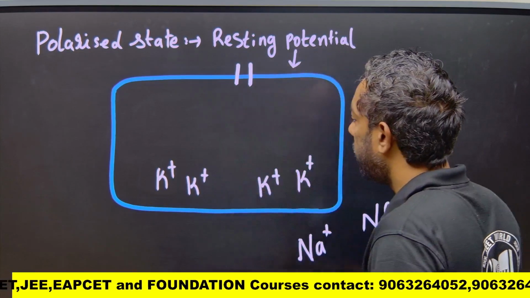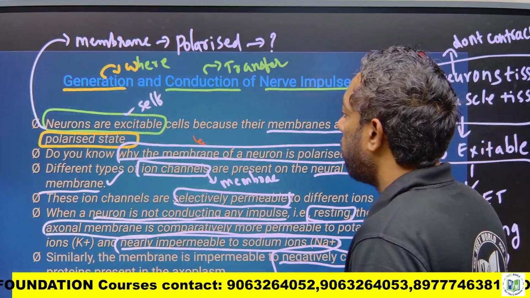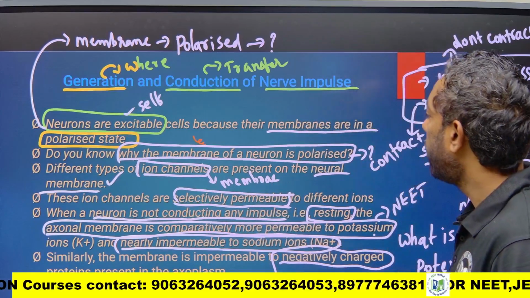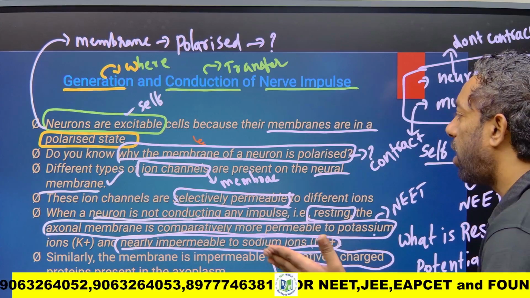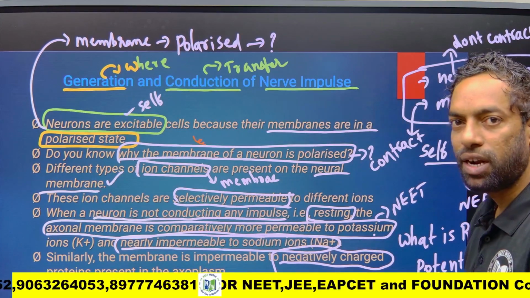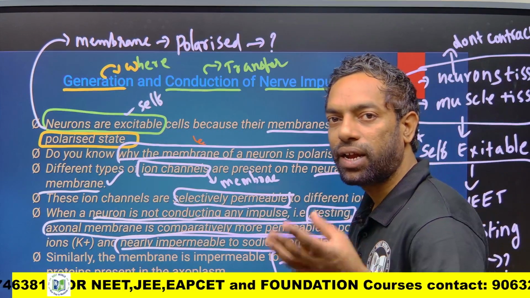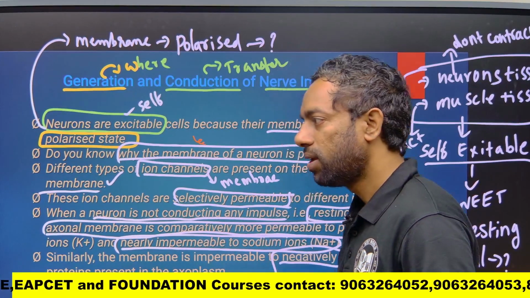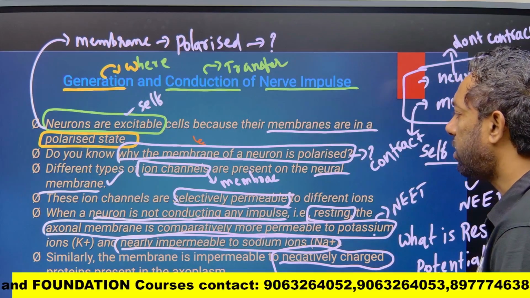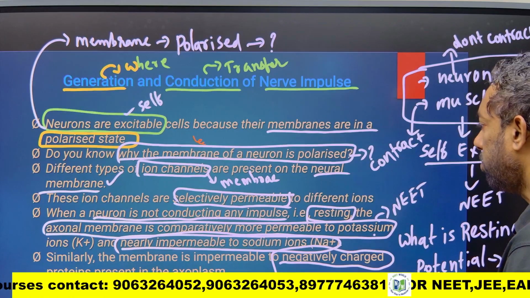The membrane of the neuron is polarized, and different types of ion channels are present in this membrane: leakage channels, voltage gated channels, mechanically gated channels and ligand gated channels in the axon. These channels are selectively permeable to different ions.